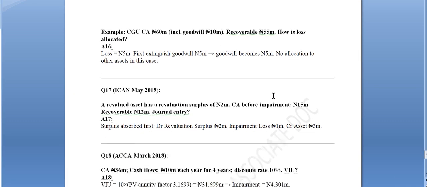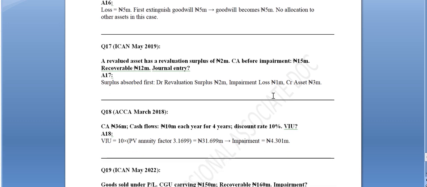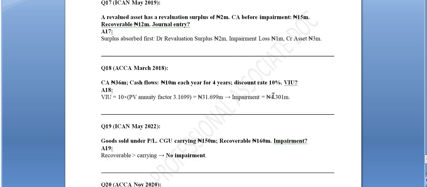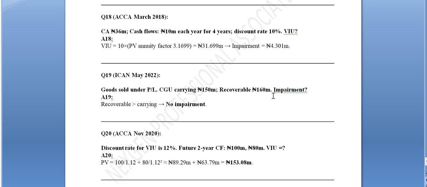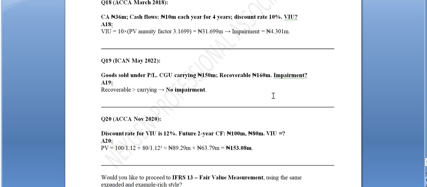Yes, sir. So what is the recoverable value? The fair value less cost to sell is 445. Okay, 445.